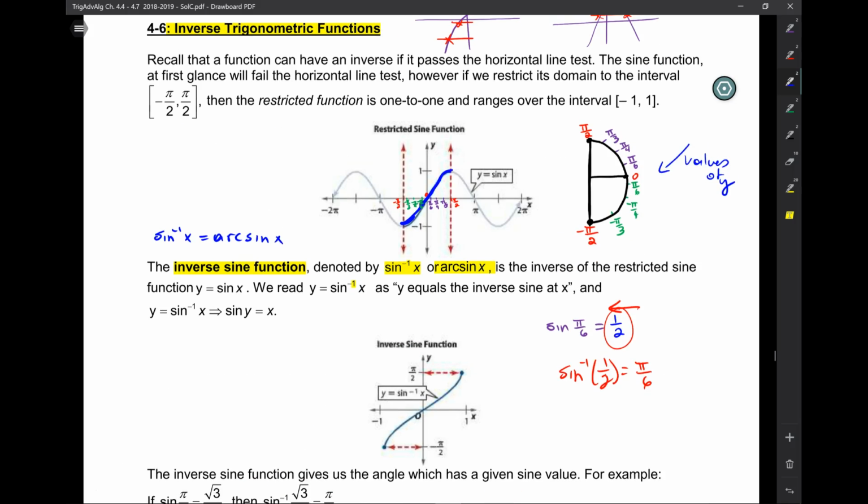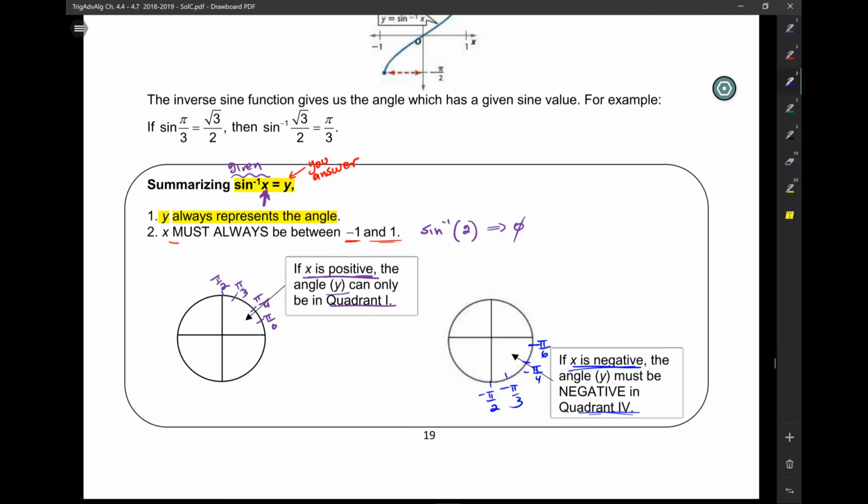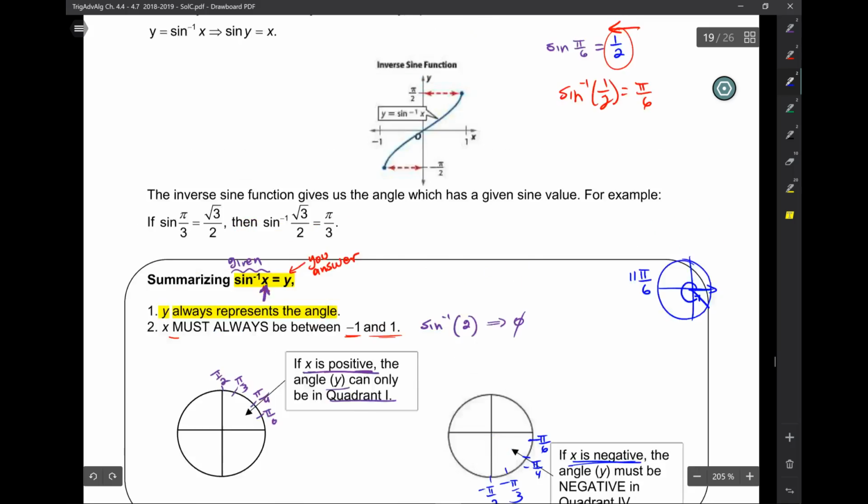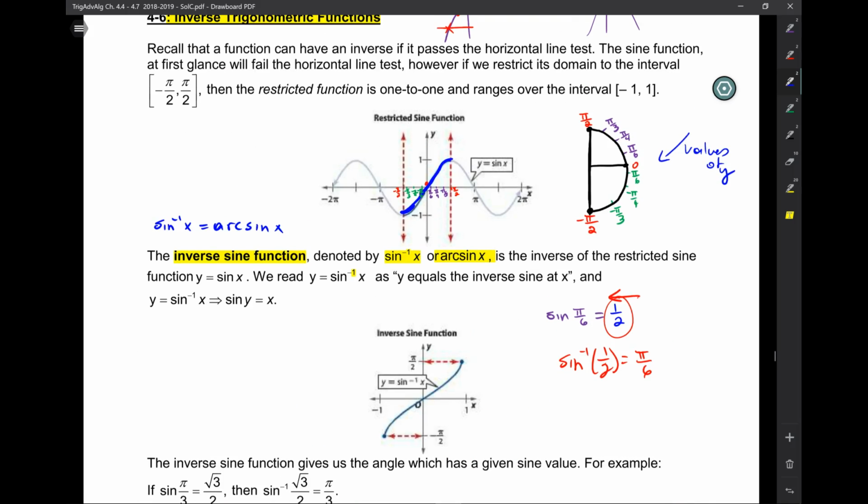Okay, let me ask you this question. 11 pi over 6. Which quadrant is it in? It's in quadrant 4.